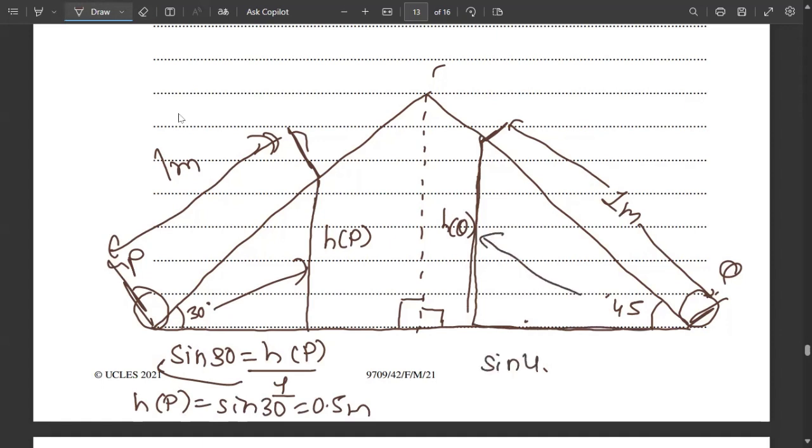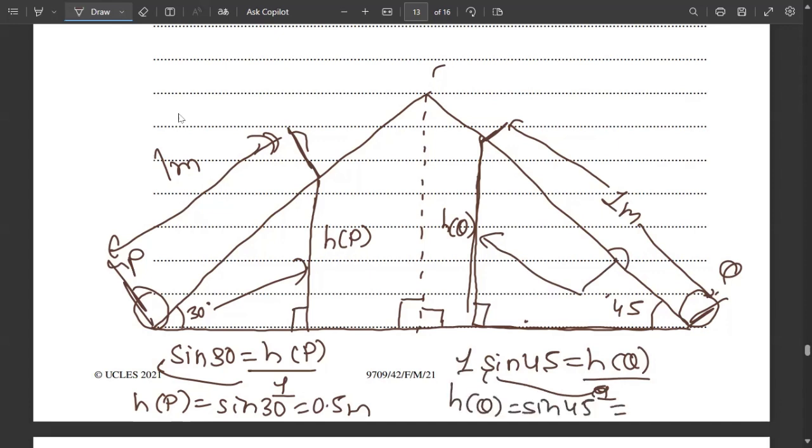So sine 45 is the height for Q upon the hypotenuse, which is 1. So the height for Q is sine 45, which in the calculator becomes root 2 by 2.